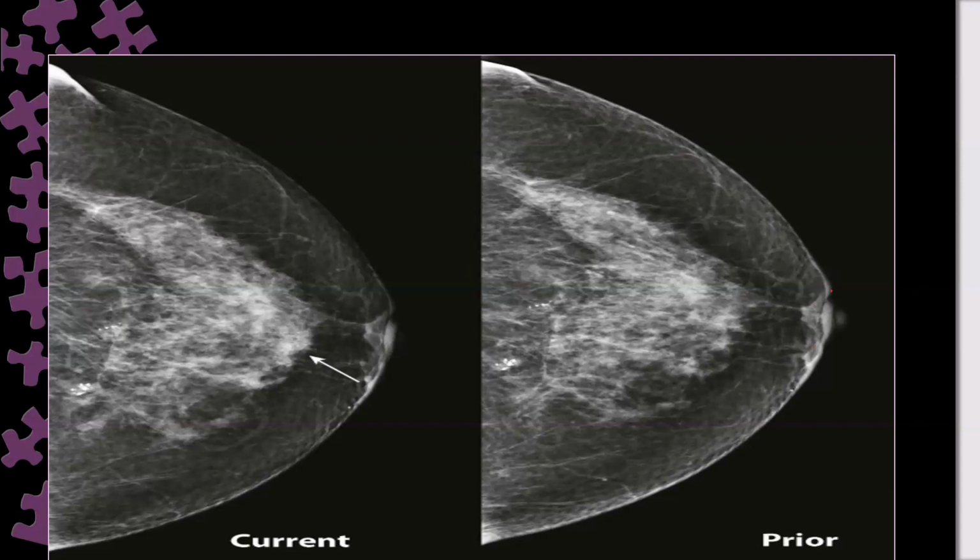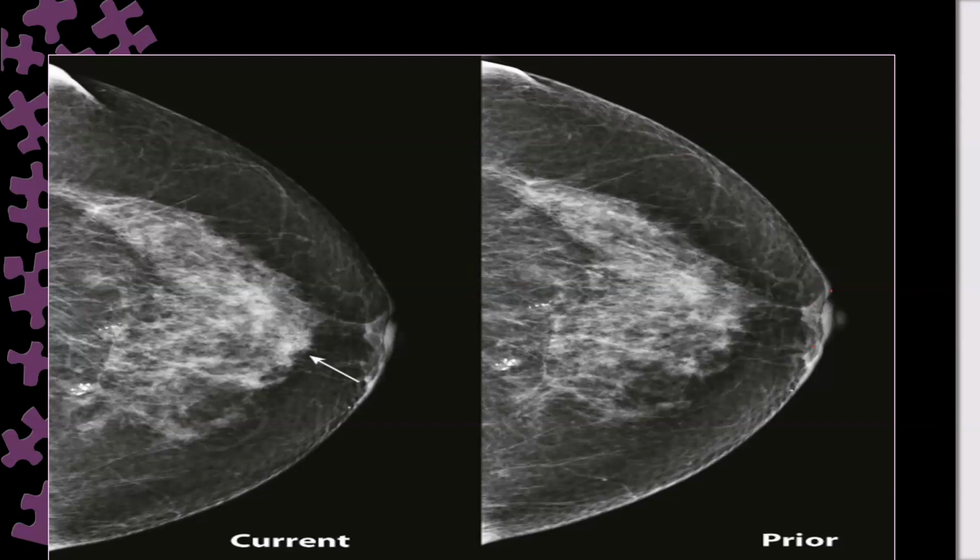In this case or in general? You have seen a developing asymmetry, we put a rule. This asymmetry can be just technical, the orientation is different, and this is just superimposed tissue.